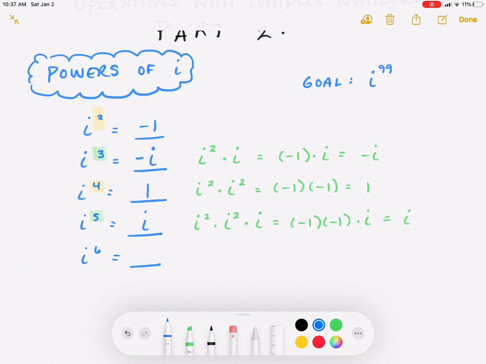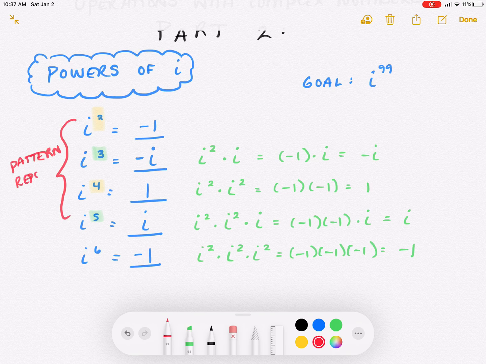Okay, so let's keep going and figure out what i to the sixth is, which is going to be i squared times another i squared times another i squared. And that's going to be like taking -1 times -1 times -1, which actually takes us back to -1. And what you're going to find is that this pattern right here repeats.